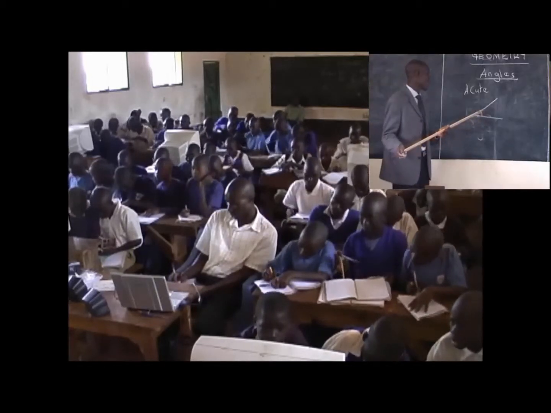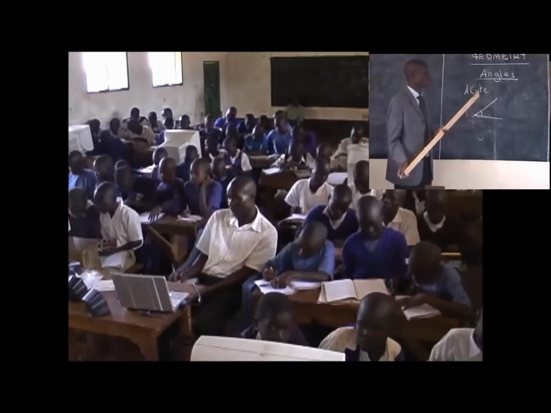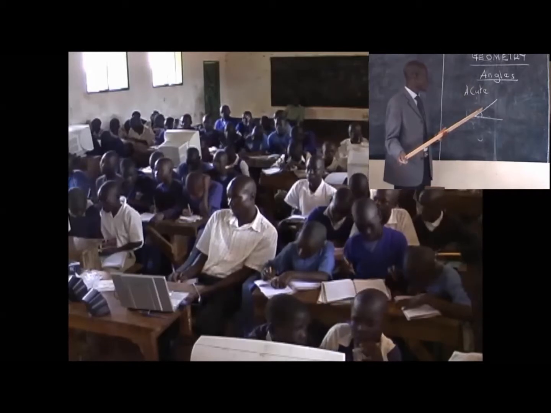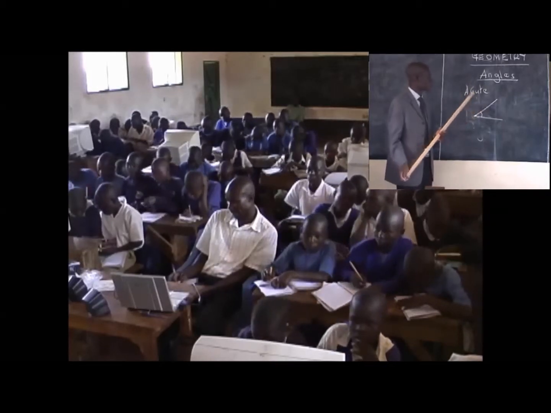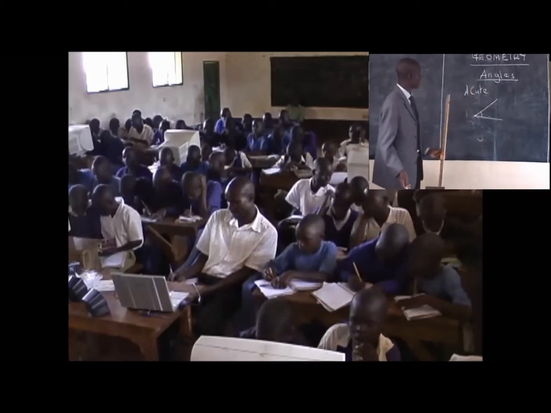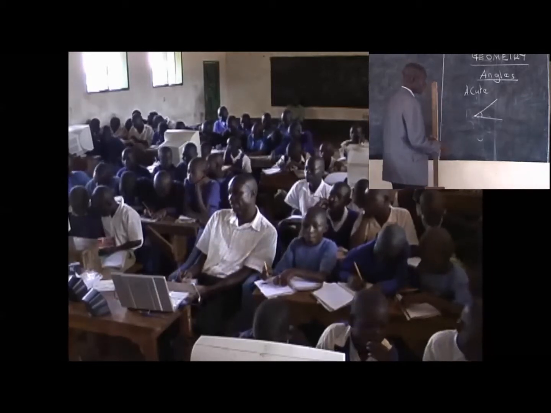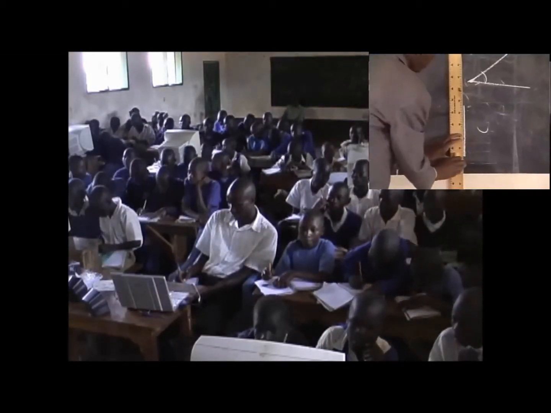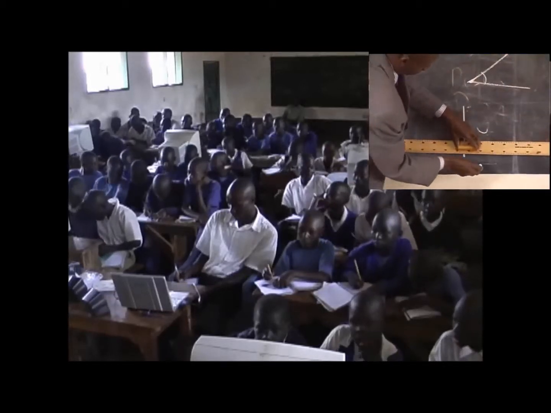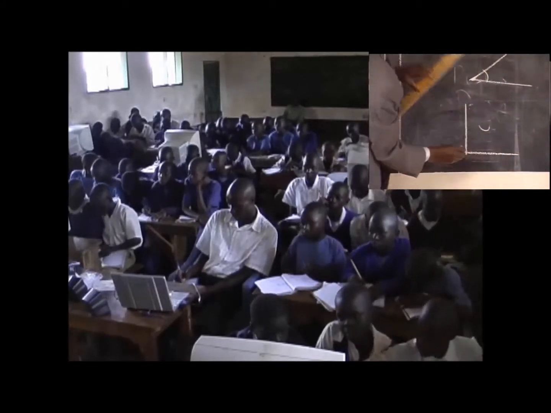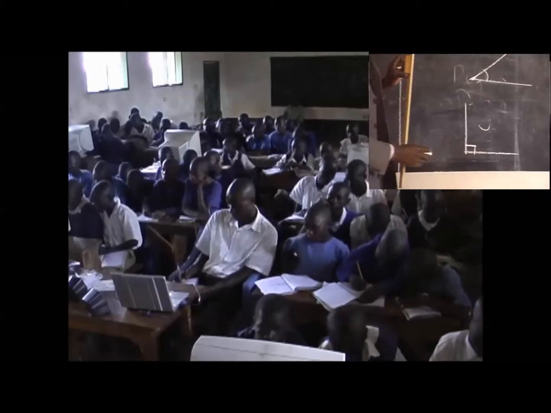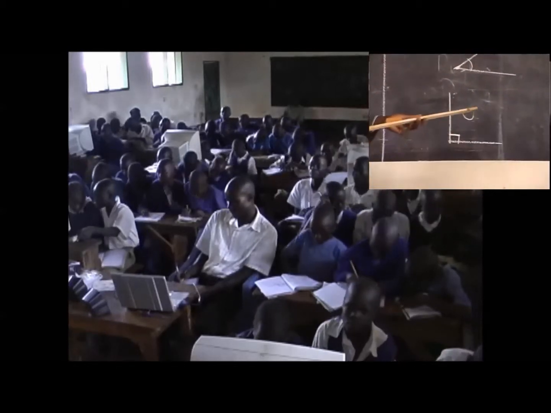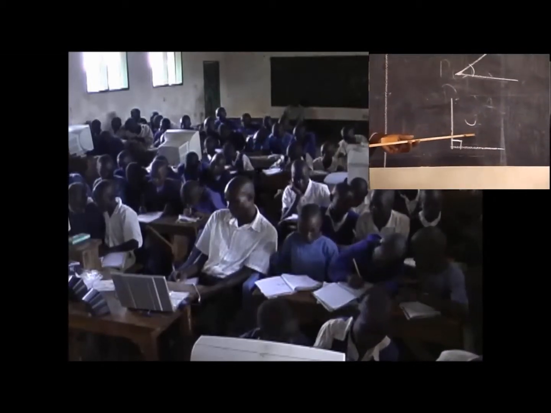How is it that the angle is less than 90 degrees? We say that a right angle is an angle that is marked at 90 degrees. So we always draw a right angle like this. So this is a right angle, or an angle that is marked 90 degrees.